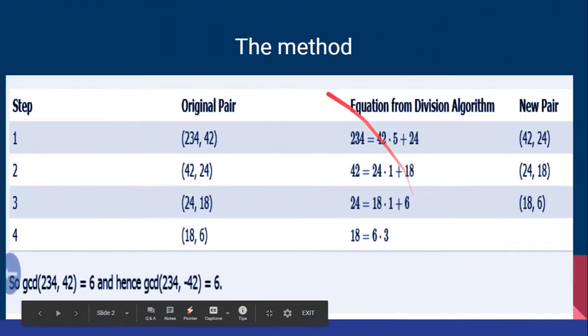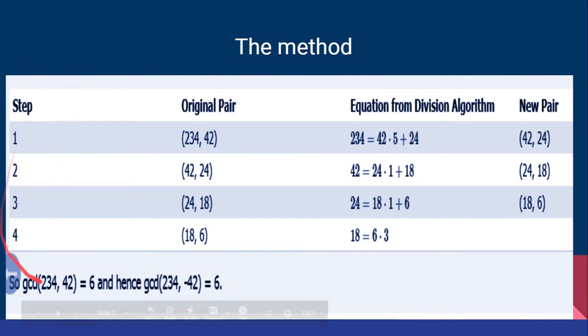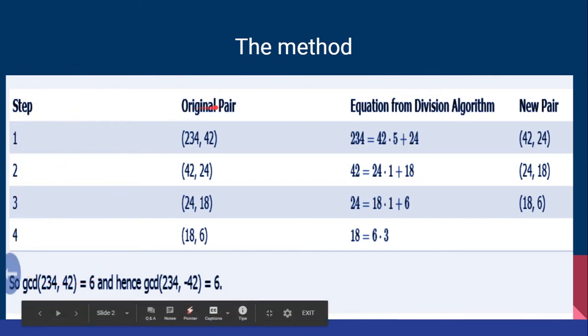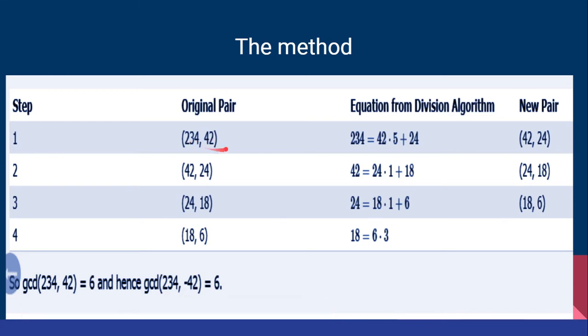Okay, so this is the method. Suppose you are asked to find the GCD of two numbers, 234 and 42. These are the steps we are going to follow. First, the pair of numbers is 234 and 42. Now, using the division algorithm, we divide the first number by the second number.